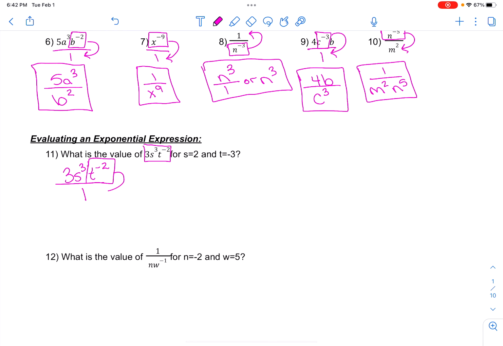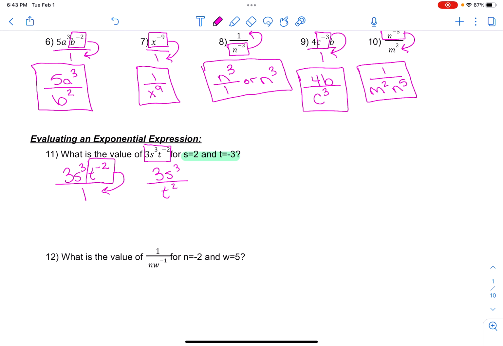So in order to make that exponent positive, we just have to move t to the negative 2 to the bottom. So we have 3s to the third over t squared.